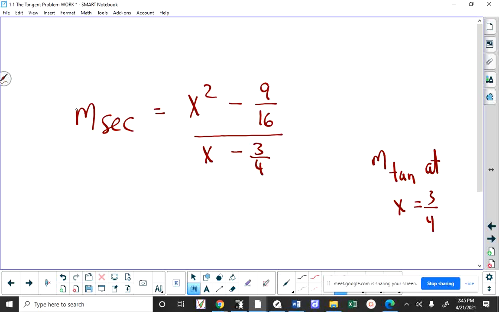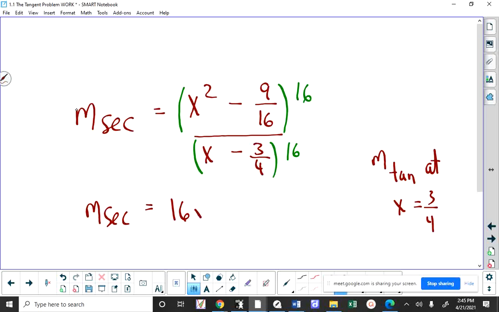Well, I would multiply the top and the bottom of this expression by 16. Let's see what we get for the slope of the secant. We get 16x squared minus 9 over 16x minus 18, I believe. You want to check my math there on that?